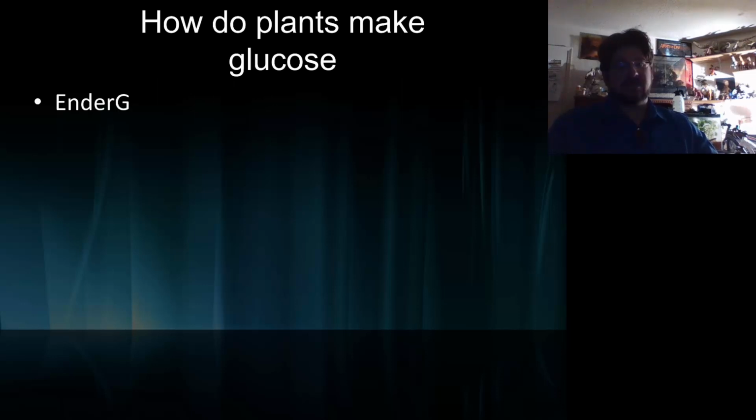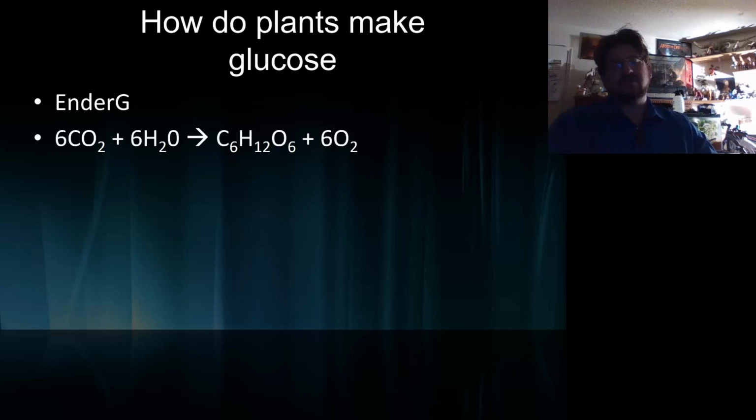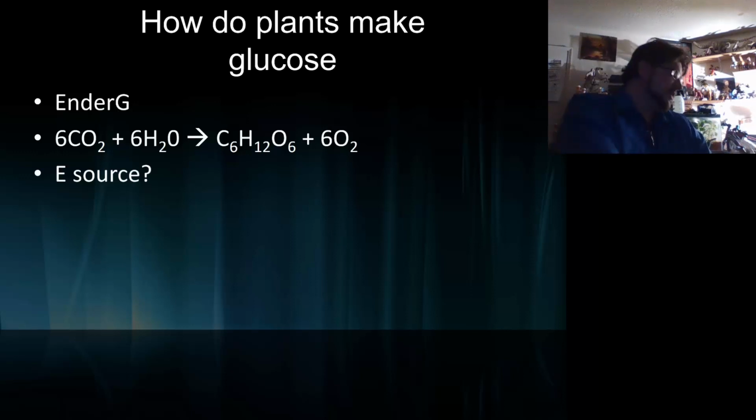Yeah, that's right, photosynthesis. 6CO2 plus 6H2O yields C6H12O6 plus 6O2. This is the chemical formula for photosynthesis. You'll note it is actually the reverse of the chemical formula for cellular respiration, which is just pretty cool on its own. Anyway, what's the energy source for photosynthesis?